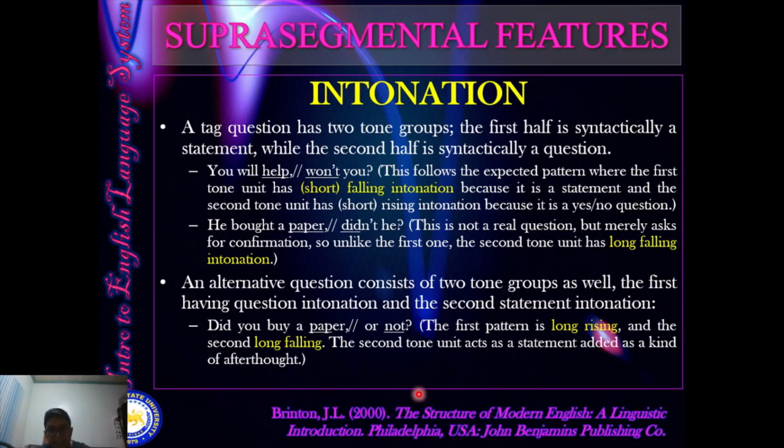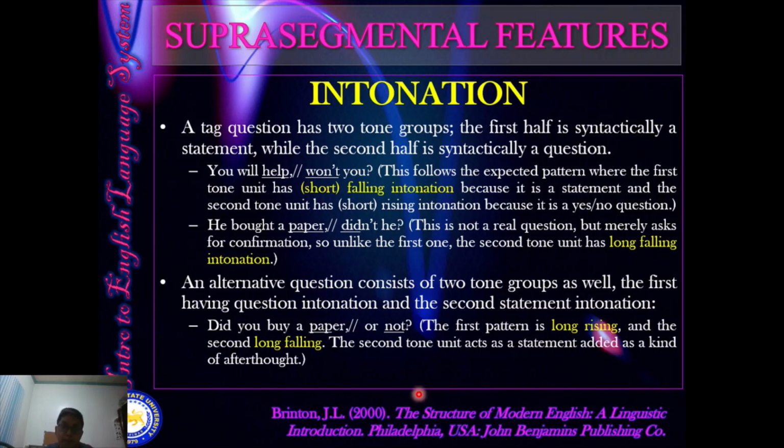Okay, he bought a paper, didn't he? Didn't he? Right. So this is not a real question, but merely asks for confirmation still. So unlike the first class, the second tone unit has long, falling intonation. Okay? Now, an alternative question consists of two tone groups as well, the first having question intonation and the second statement intonation.